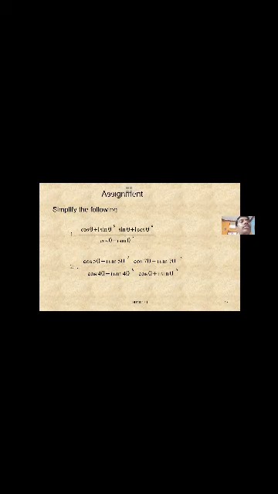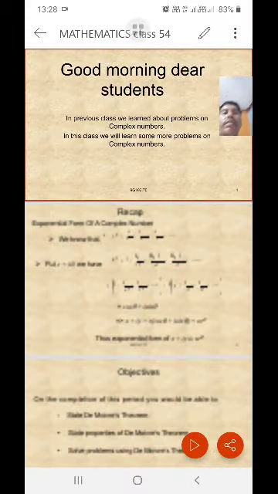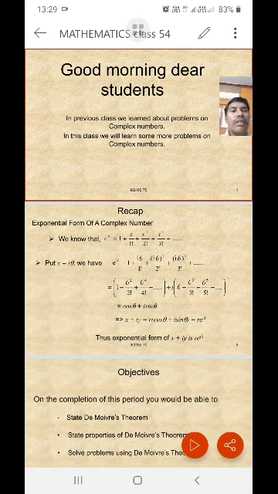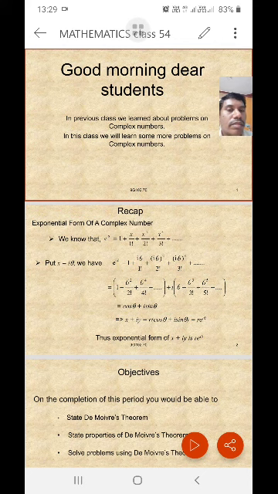So do this assignment, and not only this assignment, you have to do the problems from the textbook exercise questions also, and see the example problems. Some example problems we covered in this PPT, and some more problems are also in the textbook.